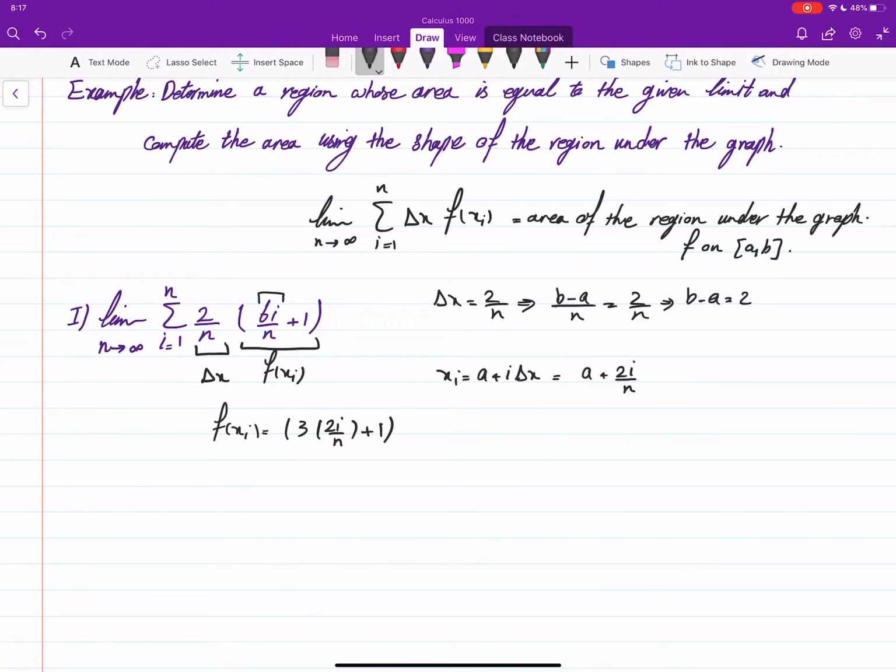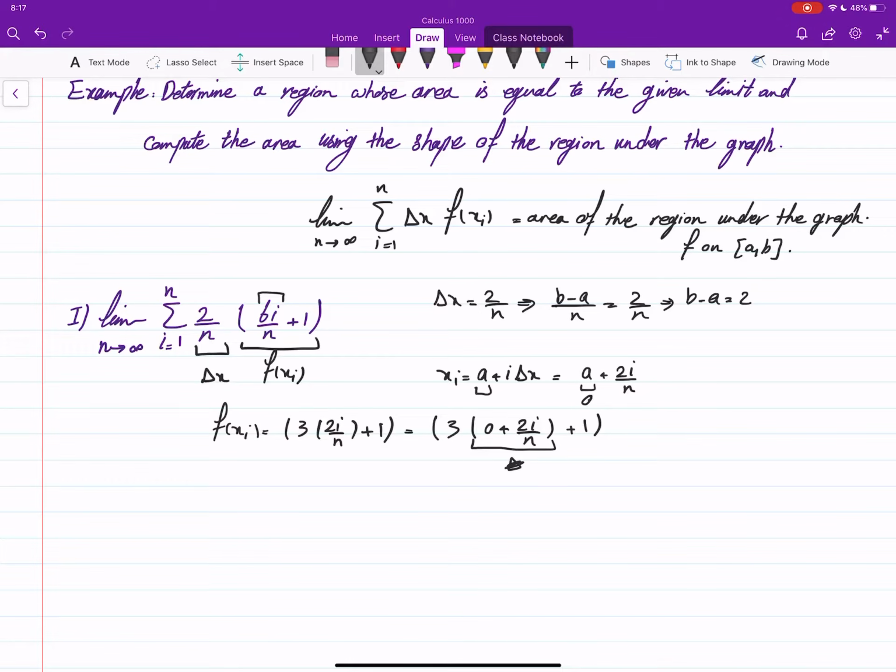And you would say, well, where is that a? Well, if a is 0, we don't have any problem. So this will be 3 times 0 plus 2i over n, plus 1. So in this case, we set a equal to 0, then everything else worked nicely.